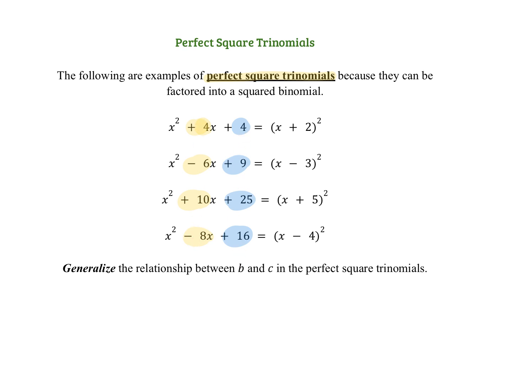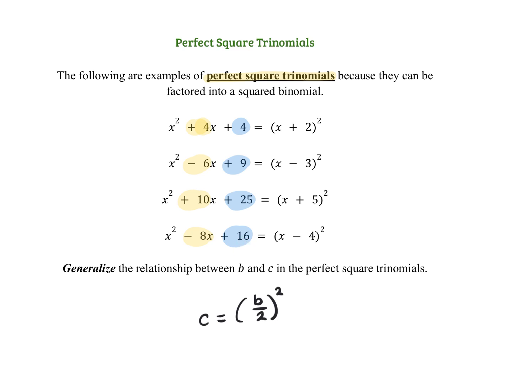So we could say that our c value is going to be our b value cut in half and then squared. If you take this 4, divide it by 2, and square it, you get positive 4. If you take negative 6, divide it by 2, and square it, you get positive 9. 10 divided by 2 squared is 25. Negative 8 divided by 2 squared is 16.